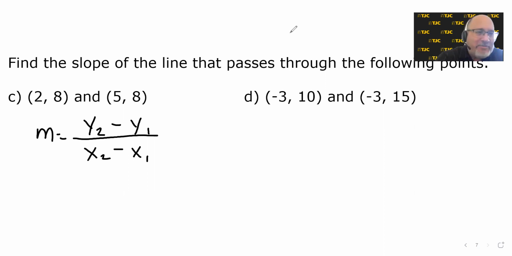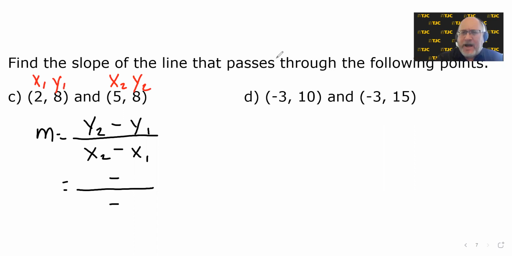And I would take the time to label first x, first y, and second x, second y above the ordered pairs. Because, I said it before and I'm going to say it again, the most common mistake people make here is putting the numbers in the wrong spots in the formula. So be very meticulous about it and then finish it off.